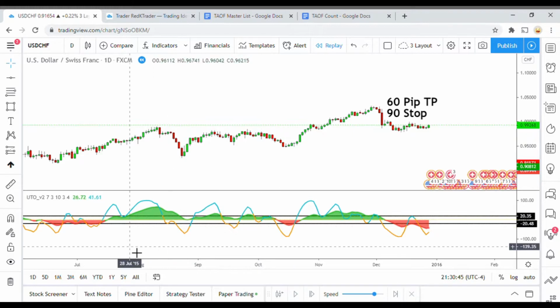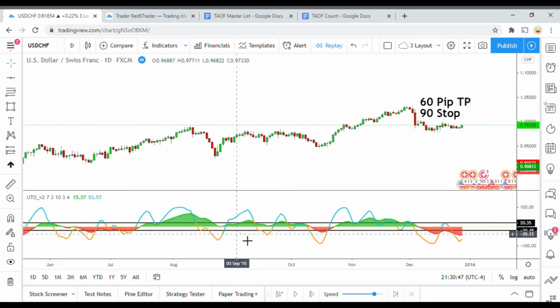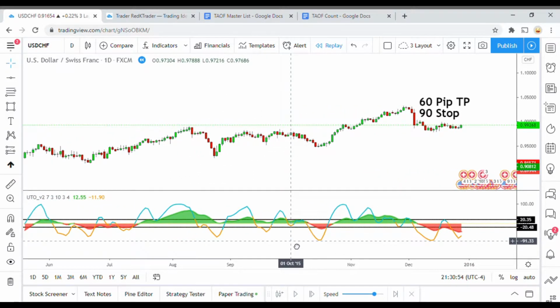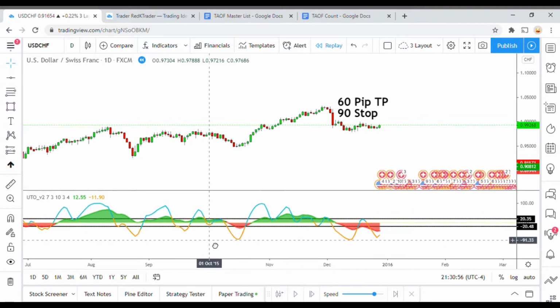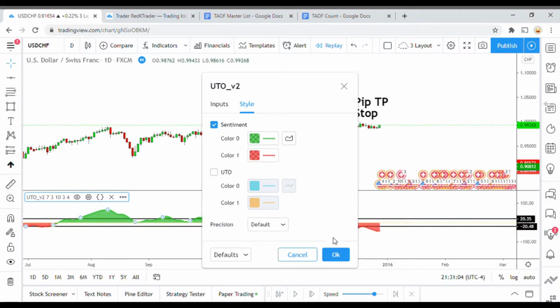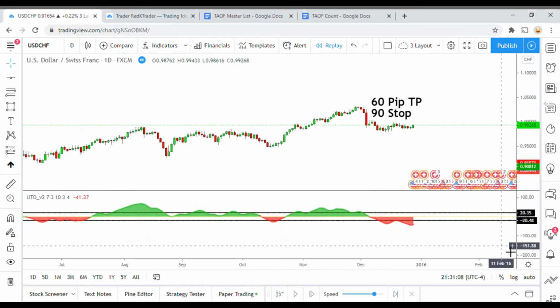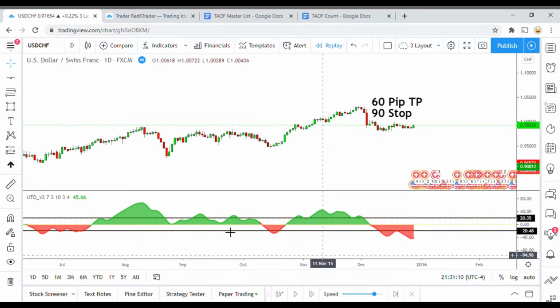And I guess there it would work. There it would work. But yeah, it just seems to be a little challenging. And so again, I think what we're going to concentrate on is the sentiment part of the indicator and see what that does.